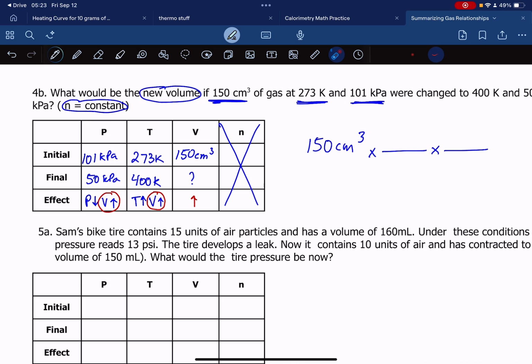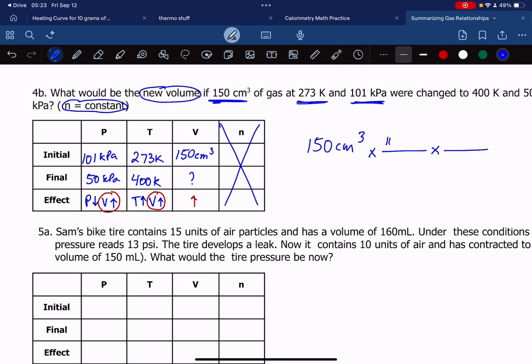I just need to decide which number goes on top for each ratio. The first one I'm going to do is a ratio of pressures. It doesn't matter what order you go in, but I'm just going to do them in order as they appear in my table. Ratio of pressures first. So since I want my pressure to make my volume get bigger, I'm going to put the bigger number on top.